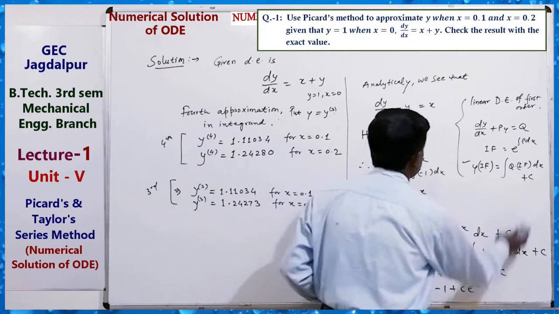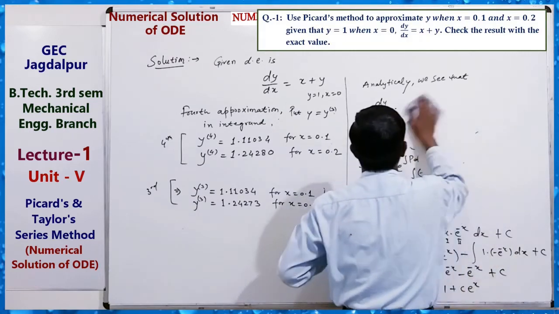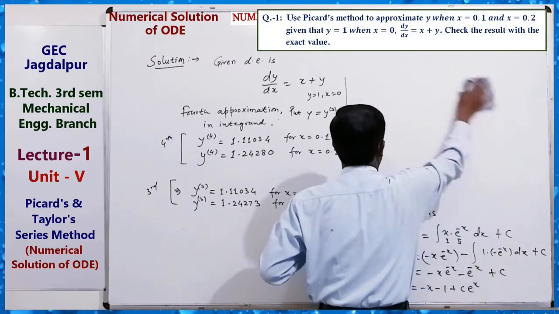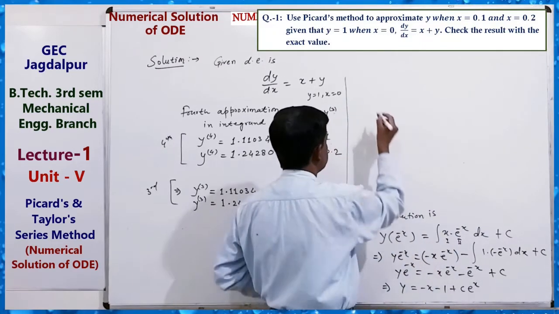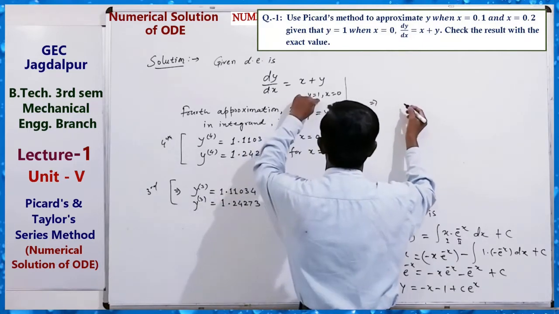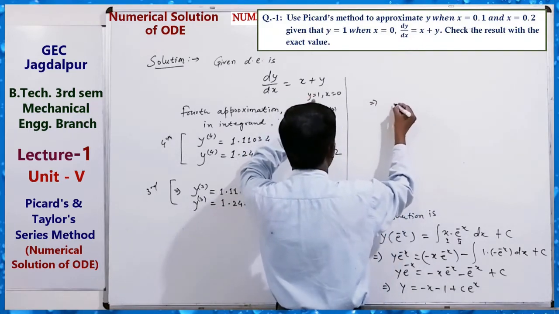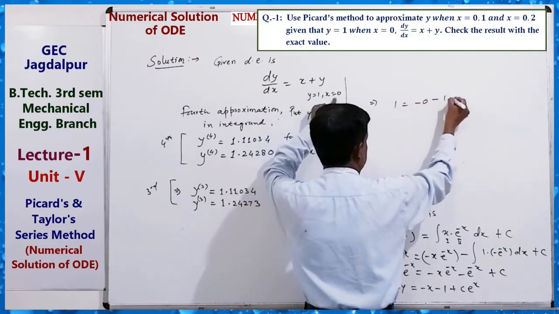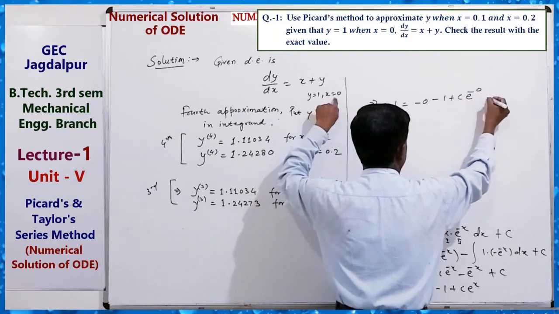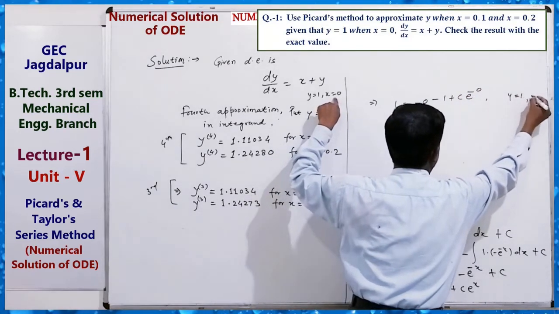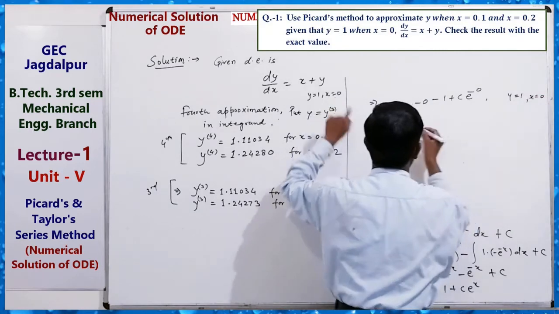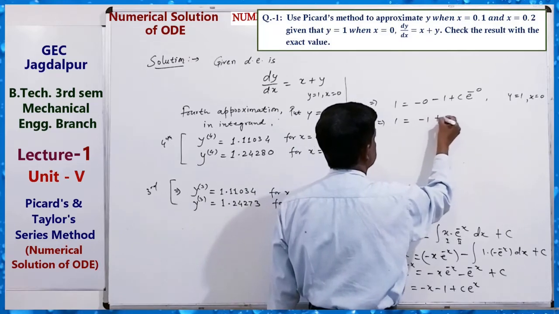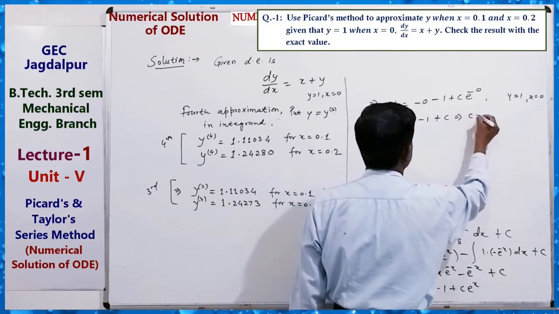Using y = 1 at x = 0: y = -x - 1 + c e^(-0), so 1 = 0 - 1 + c, which implies c = 2.